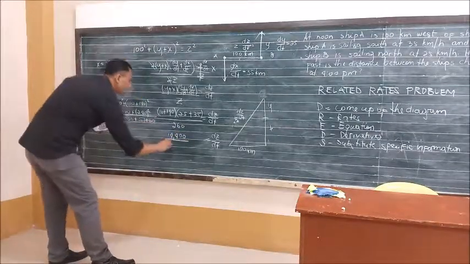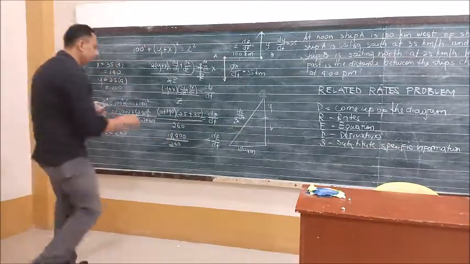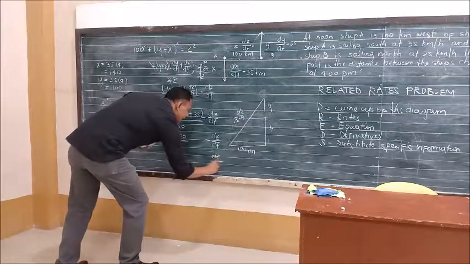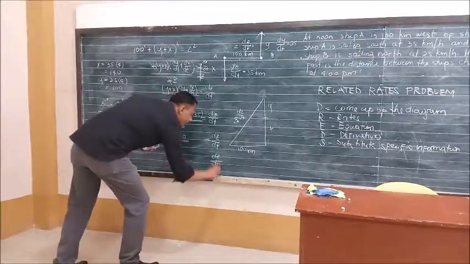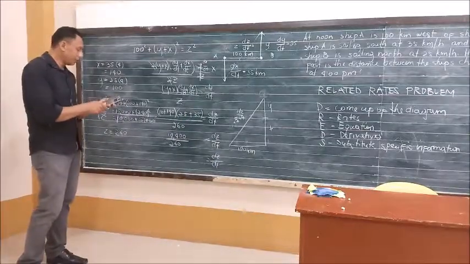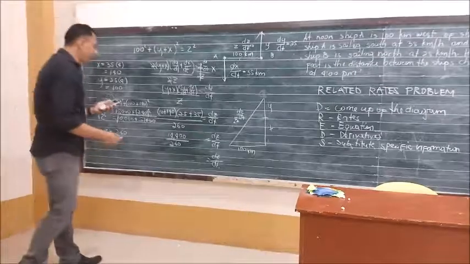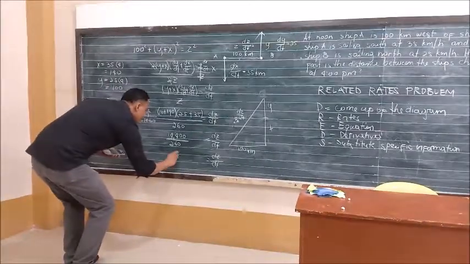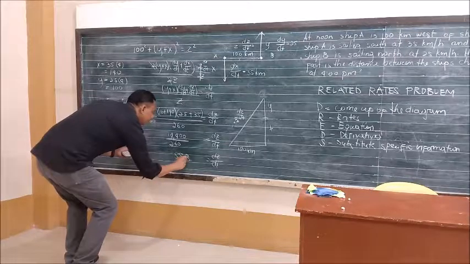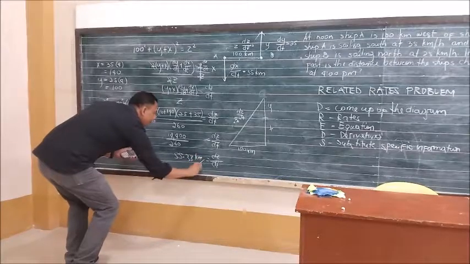divided by 260. Then we have the final answer for the change of z with respect to time, that is 14,400 divided by 260, that is 55.38 kilometers per hour.